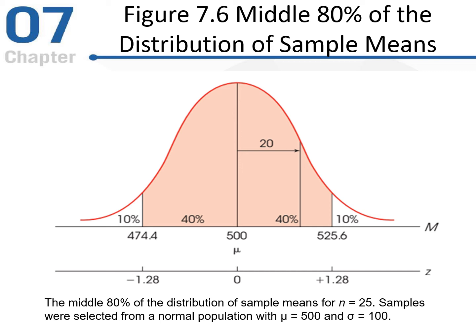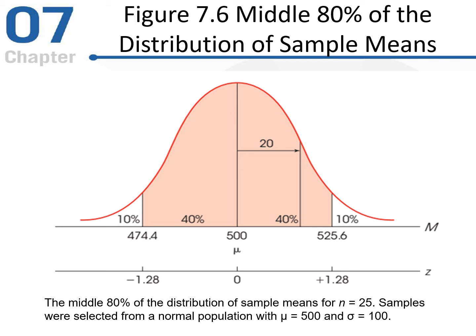As a researcher, I want my score in the tails, and as far in the tails as possible. So I don't want it even close to the 1.28. I want it much further in the tail. But if I were just to calculate what are the two scores that cut off the middle 80%, I could then just find those z-scores, multiply it by the standard error, which is 20, and then add it to the mean on the right and subtract it from the mean on the left.